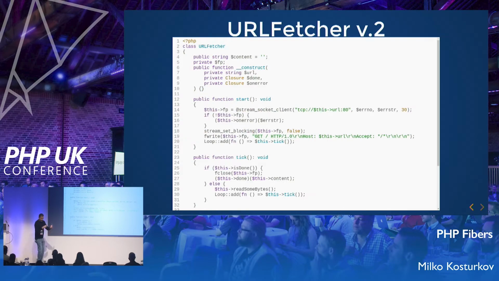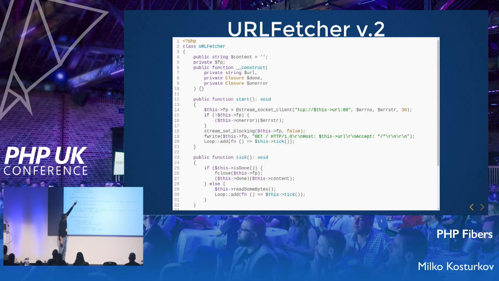So we're going to get back to the URL fetcher thing. We're going to introduce a function called tick, and we're going to use the loop. Let's see what's going on here. The tick function, for lack of a better name in my head, is going to check whether we're done reading the file, and if we're done, it's going to close and call a callback that we have passed into the constructor over here.